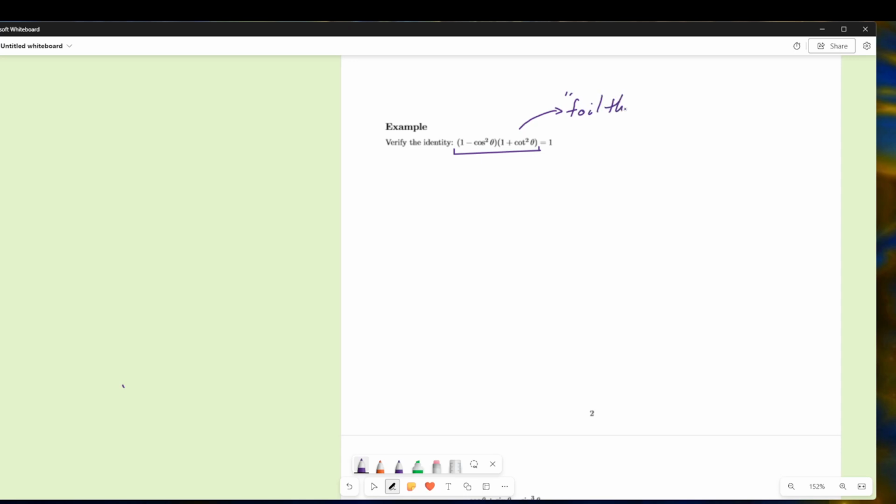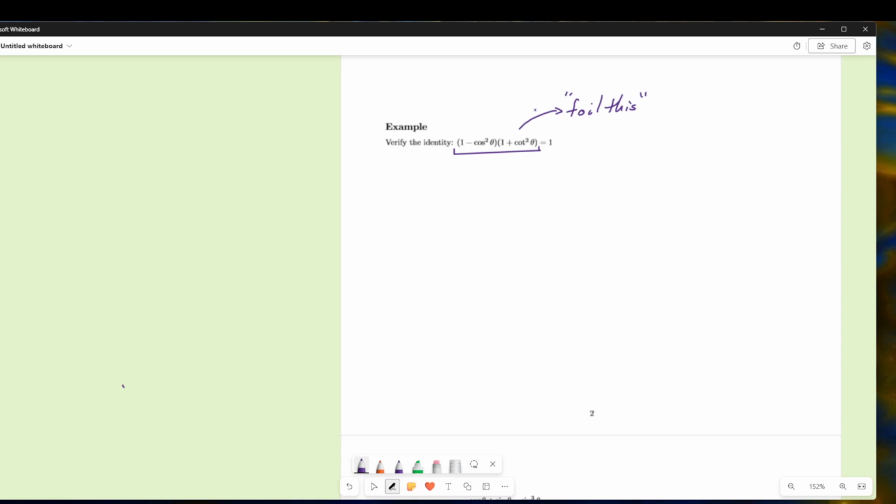We could FOIL this. 1 times 1 is 1. Negative cosine squared times 1, times cosine squared. We could multiply that all out together, and then try to simplify that down. That would probably work, and would be a fine way to progress.